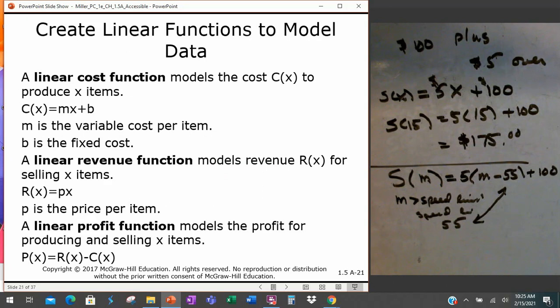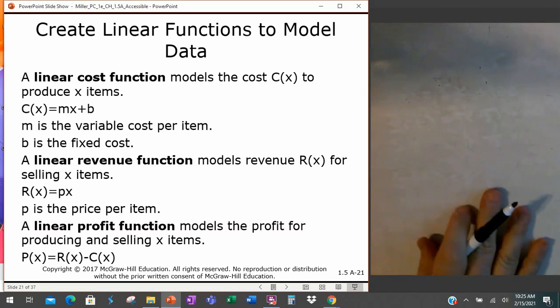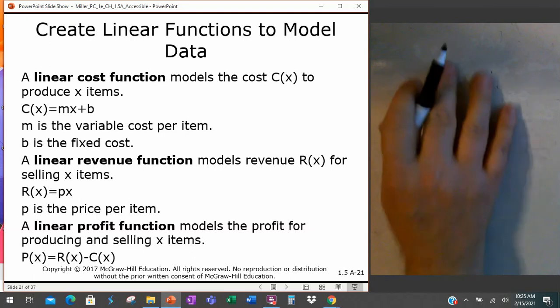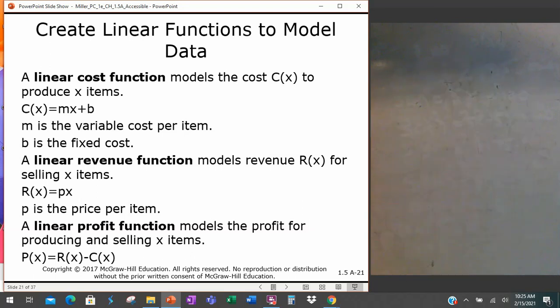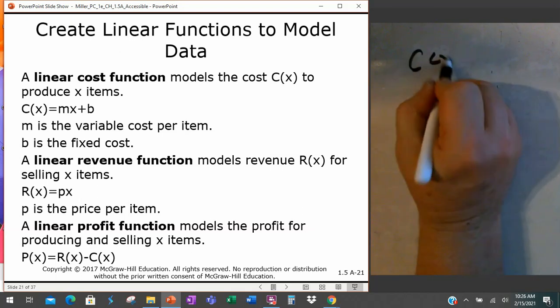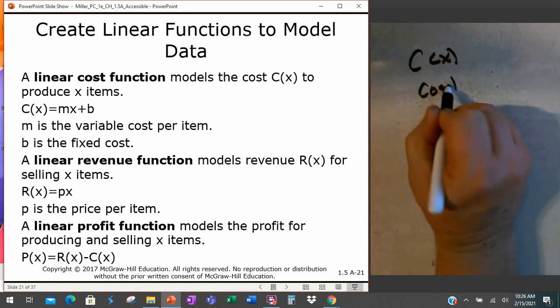So, linear functions for modeling business. Usually there are certain things that you want to break out when you're modeling business. Okay. The first thing is your cost. This is your cost function.